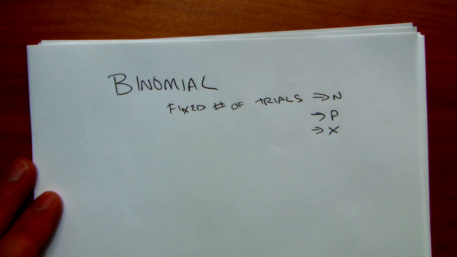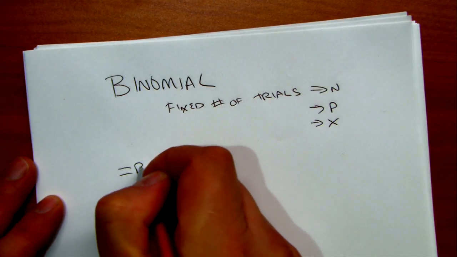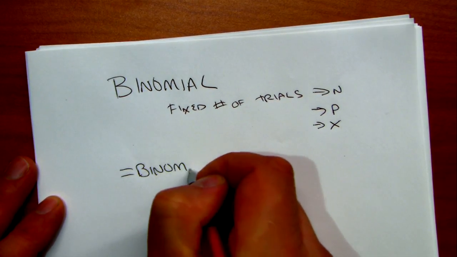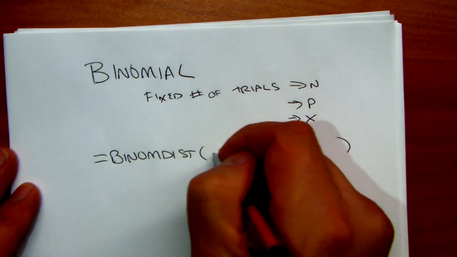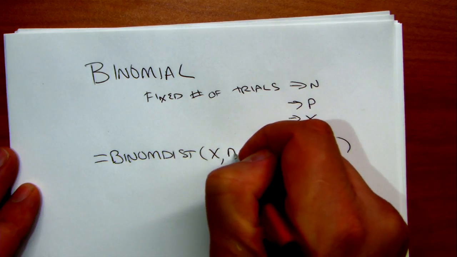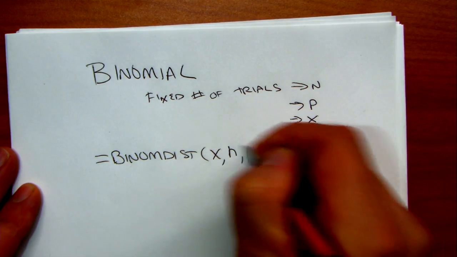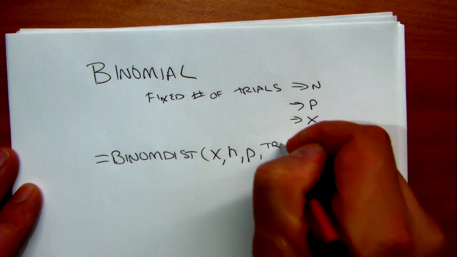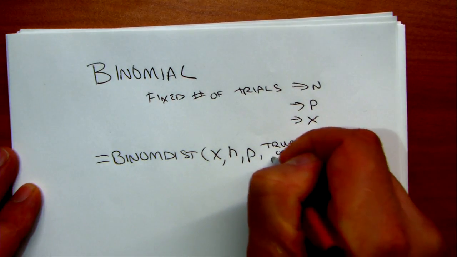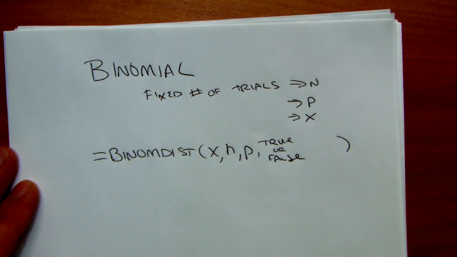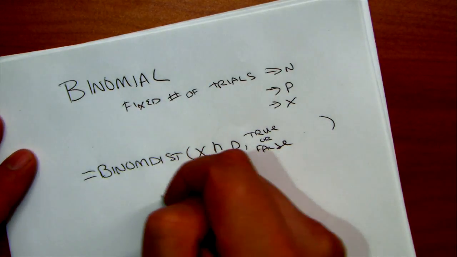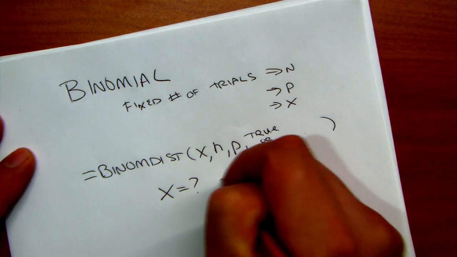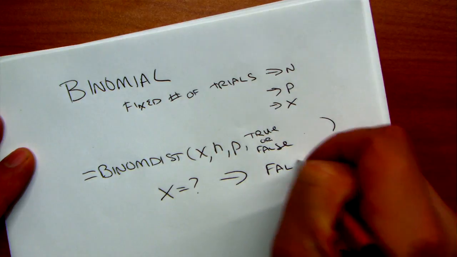We did a couple of those by hand, but really what we focused on was using this formula in Excel, BINOM.DIST, and we give it four arguments: x, n, p, and then a value true or false. The true or false value indicates whether this is cumulative or not. True means yes, false means no. Generally speaking, if x is equal to a value, we use false in that flag.